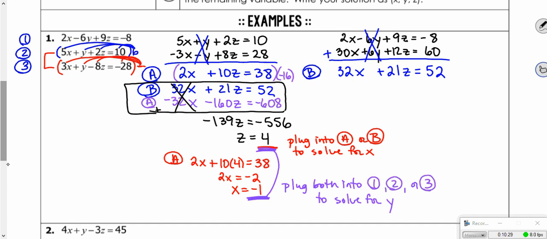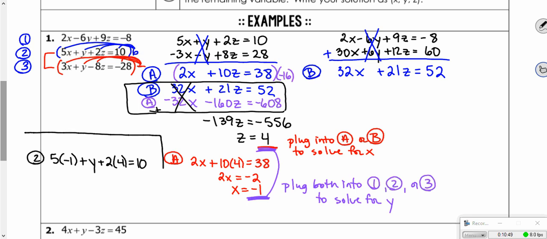Now, if we're plugging for y, let's use equation 2 here. So equation 2, we've got 5 times negative 1 plus y plus 2 times 4 equals 10.